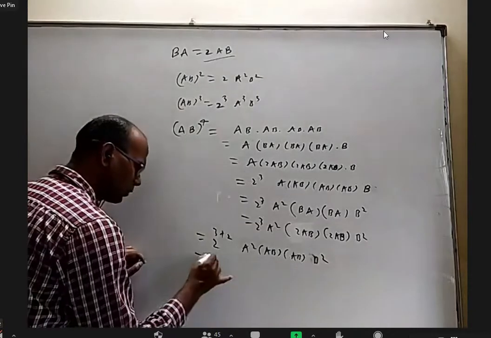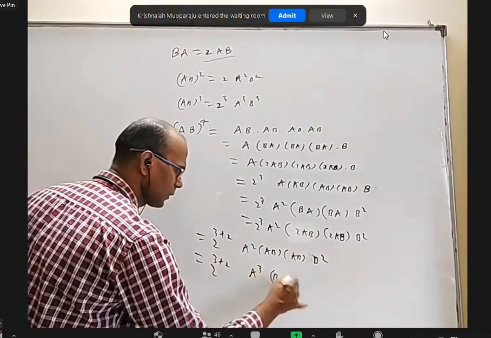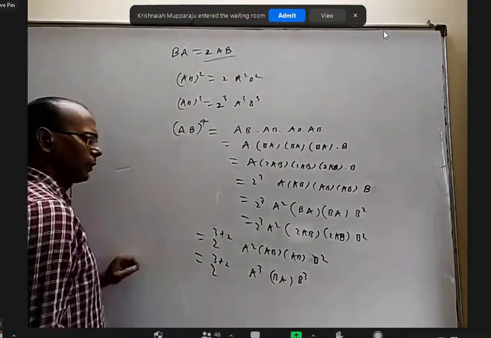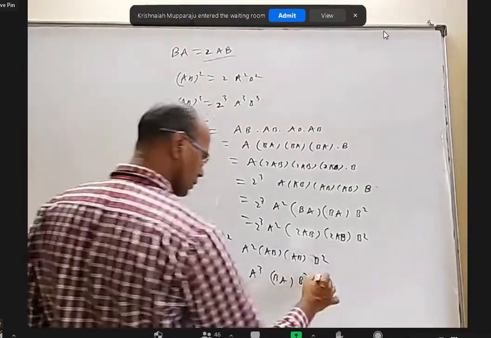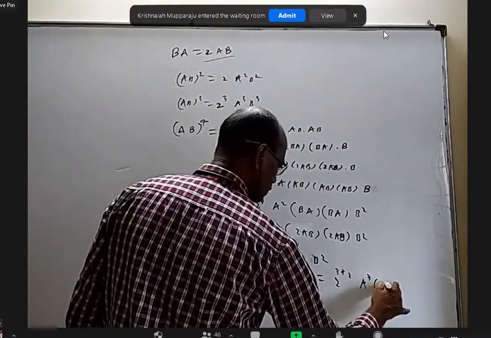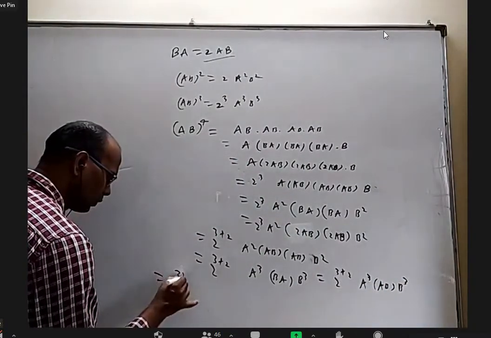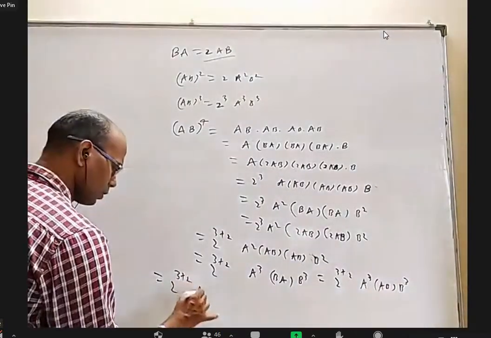In the next step, it is 2 power 3 plus 2. This is A cube. This is 1 BA. This is 1 B cube. That is again AB, 2AB. So 2 power 3 plus 2 into A cube into AB into B cube. So 2 power 3 plus 2, yeah, that is 2AB.